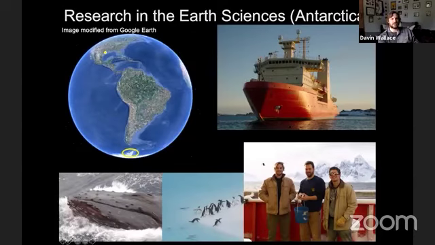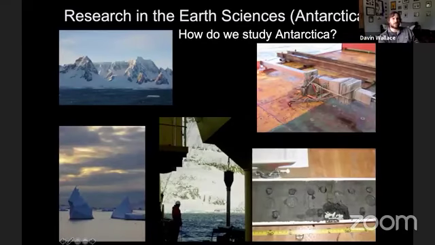And here's me as a first-year grad student with some of my other colleagues, and you can see the mountains of Antarctica in the background, standing on the deck here. It's pretty neat. And some more pictures of icebergs and mountains and stuff. This is another core, a different type of core that we use to look at the geologic history.